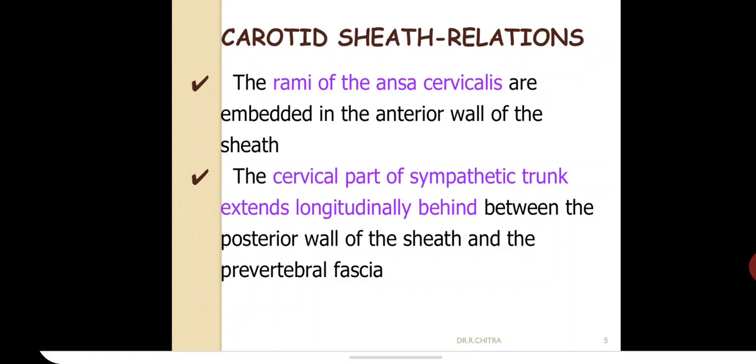Now outside the sheath, rami of ansa cervicalis, that is in the front, that is in the anterior wall of the sheath. Cervical part of sympathetic trunk extends longitudinally behind, between the posterior wall of the sheath and prevertebral fascia. So that is the behind relation, cervical part of the sympathetic trunk.